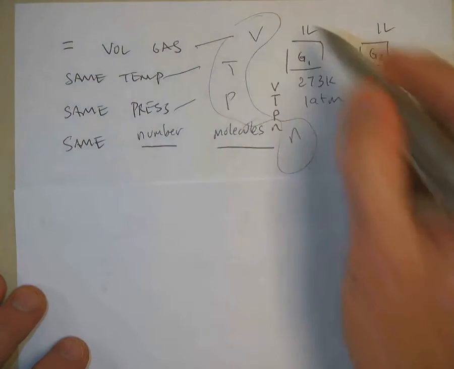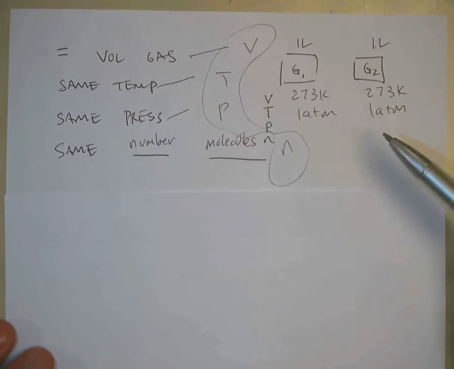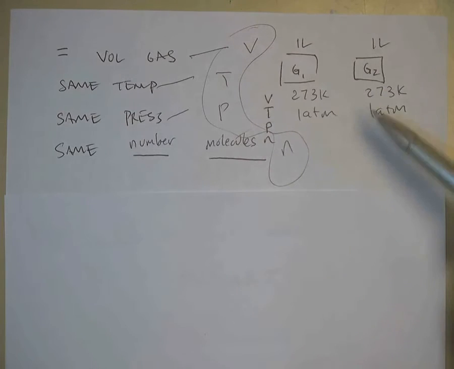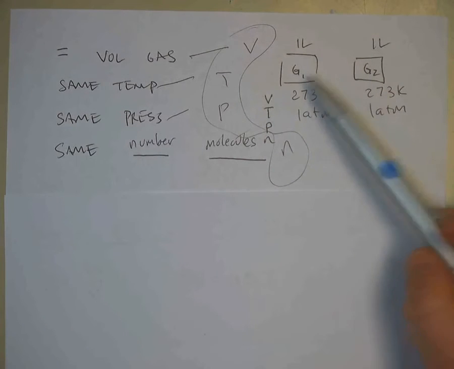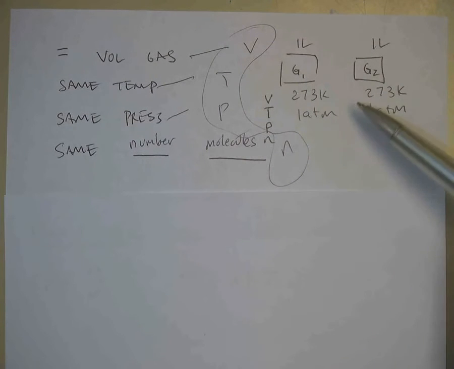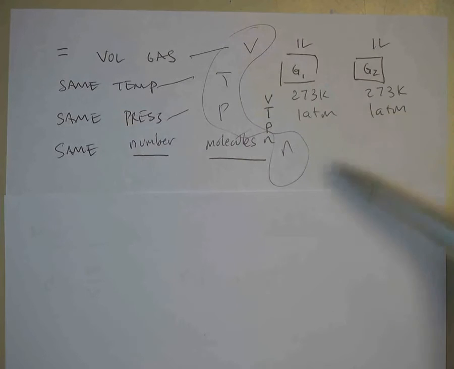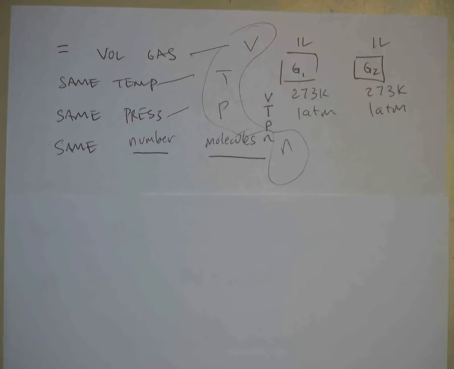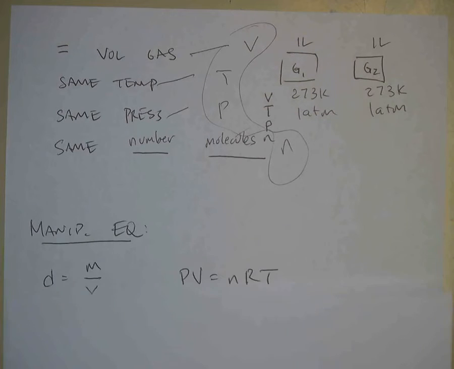These four things are all interrelated, and you can talk about each one individually if you're holding the other three constant. We'll look at a sample problem in a little bit where we have two gases with a lot of these things the same, but one thing different, and you can make a conclusion about that. Equal volumes of gases at the same temperature and pressure have the same number of molecules.